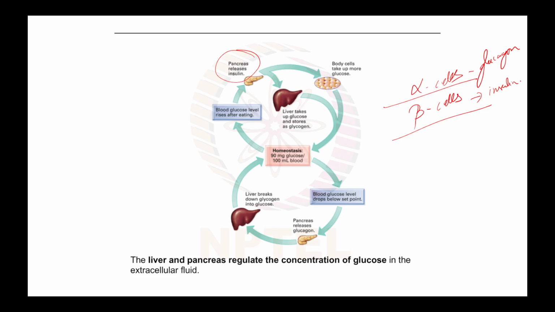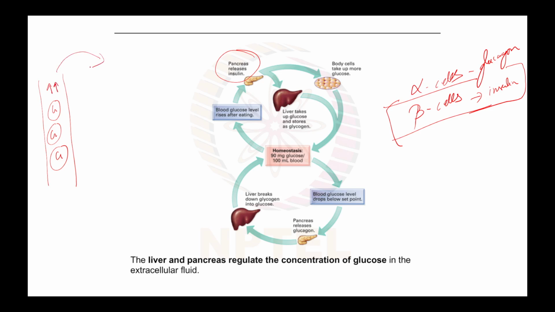Okay. So when the blood glucose level increases, the pancreas releases insulin from the beta cells. And this insulin has a receptor on different cells of the body. So if I'm writing glucose as G, the concentration is increasing in the bloodstream.